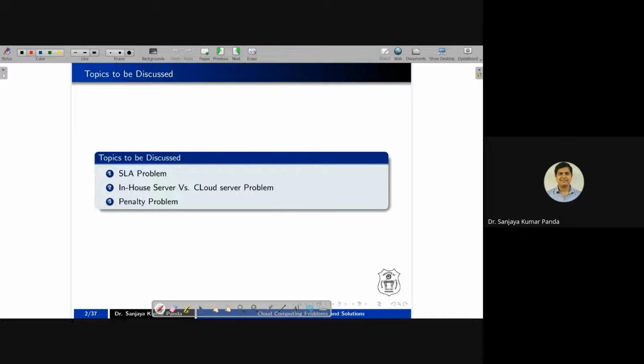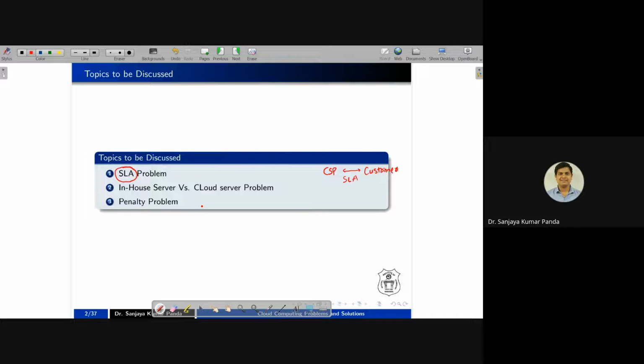One is called a service level agreement problem, and we already discussed service level agreement is a formal agreement between the cloud service provider and the consumer, or we can say customer. So they sign a formal agreement that is called a service level agreement. Normally the service level agreement is prepared by the cloud service provider, and customer has to go through all the terms and conditions and sign that particular document.